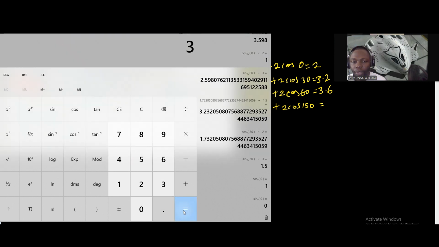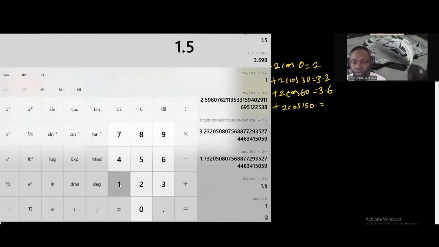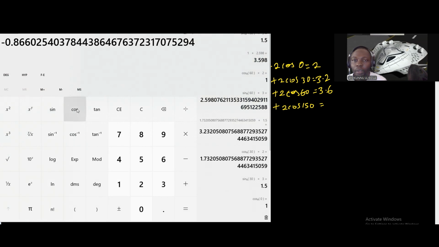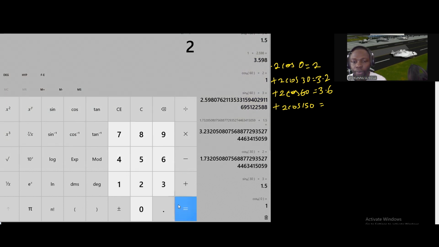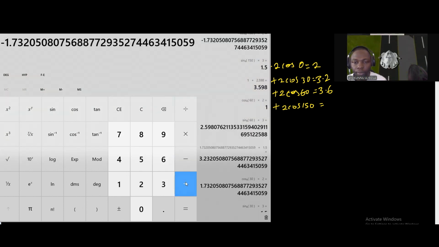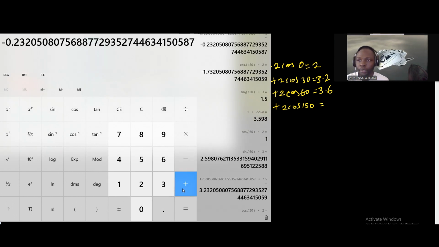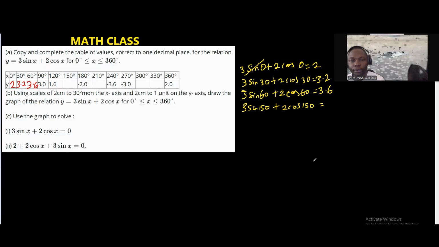Then times 3 also gives 1.5. Okay. Yes, sir. Then cos 150 is negative 0.8660. Then times 2. Then we're going to add the 1.5. Okay. Yes, sir. So it's going to take away from that value. This would be minus 0.2. Okay. Yes, sir. So this is negative 0.2.